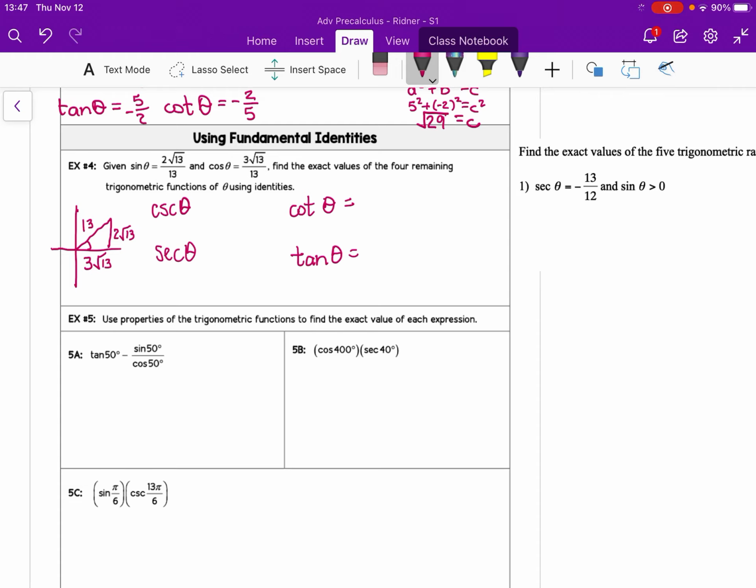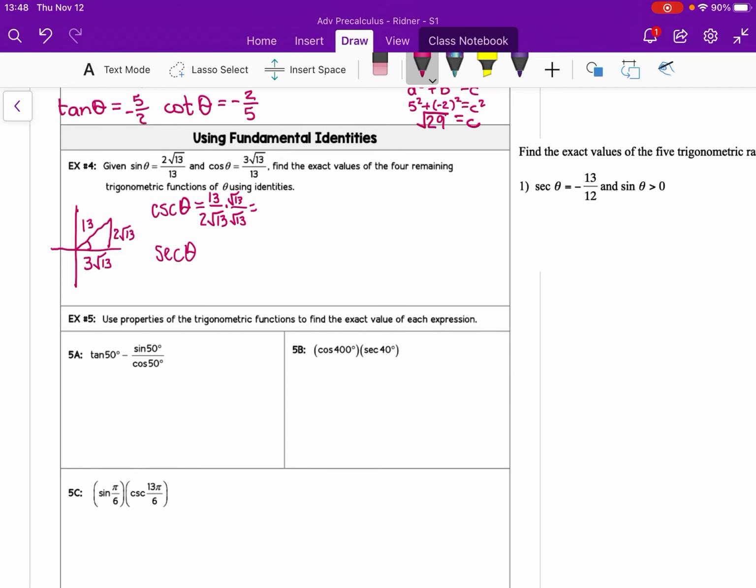Now, then I would know that, let's see, cosecant is just a reciprocal. So that is 13 over 2 square root of 13. Rationalize, so that means that we are going to multiply the top and the bottom by square root of 13.